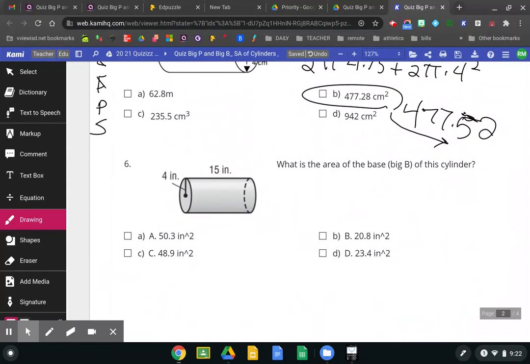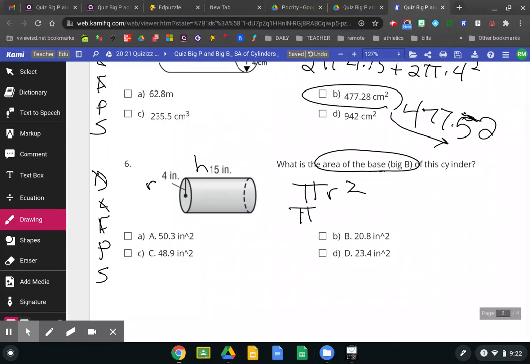All right, let's go on to number 6. It's asking for the area of the big base. Draw, label, formula, plug in, solve. This is the radius, 4 is your radius, and that's your height. Big B, everyone, means area of the base. All you're going to look for is the area of the base, pi r squared. So this one would be pi times 4 squared. We didn't have to worry about 15.